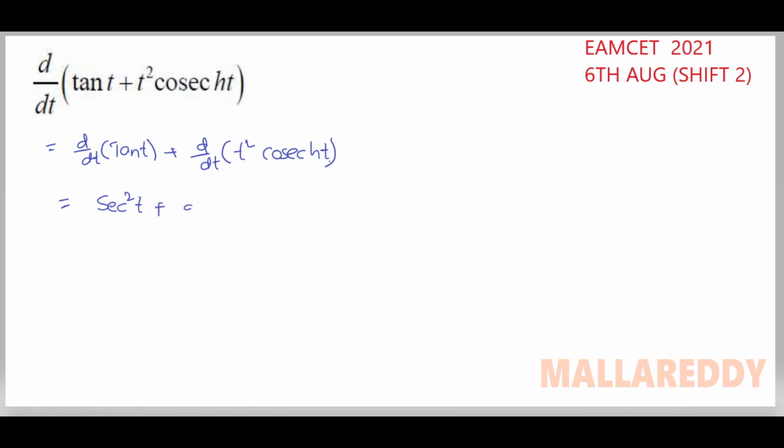This is UV method, that is d by dt of t square into cosec ht, plus t square into d by dt of cosec ht, that is equal to secant square t plus d by dt of t square.